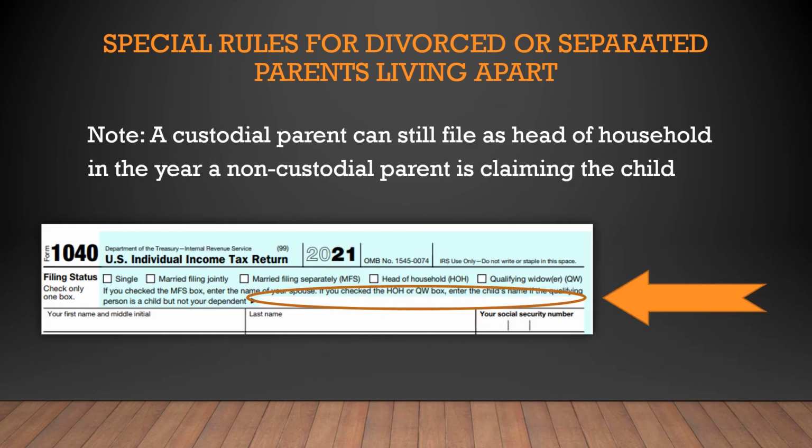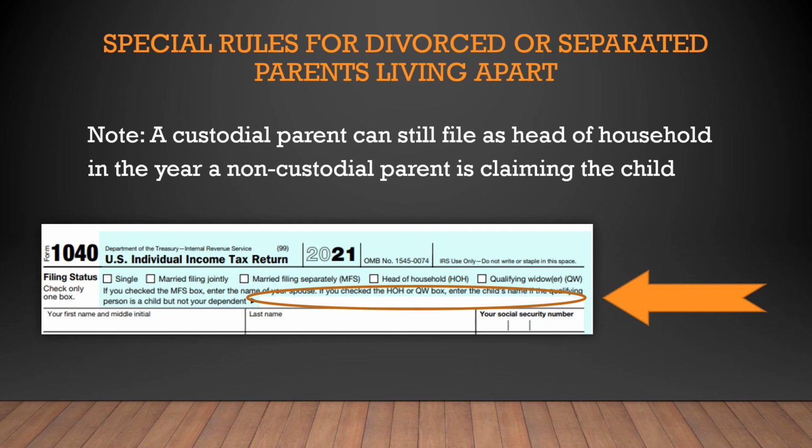Now, if a parent has released the exemption to the non-custodial parent using Form 8332, the custodial parent could still use that child as a qualifying person to file as head of household, even though the non-custodial parent is actually claiming the child on their return.